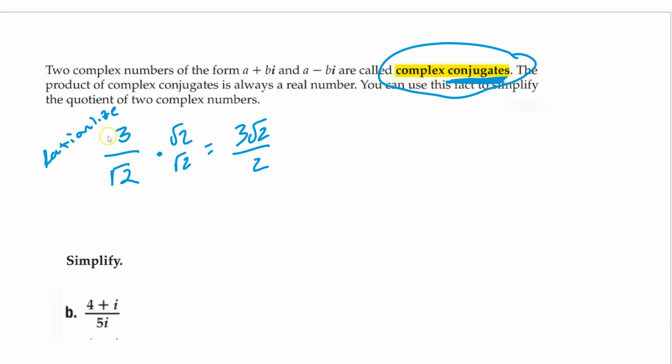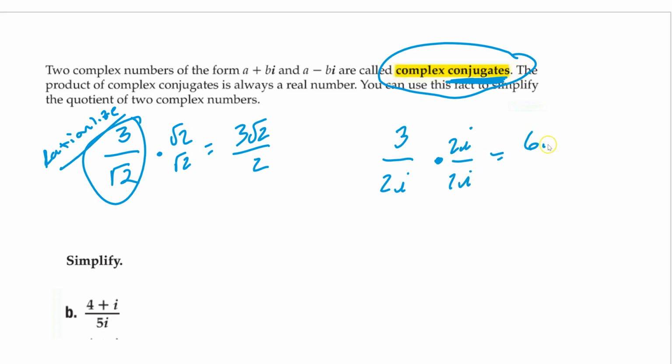Now the thing is, honestly, I don't care about this anymore. This is a fine answer. You don't need to rationalize it to be like that. But the same thing goes on with i's. If you have something like 3 over 2i, you're supposed to rationalize it. The way we do that is we multiply it by itself.